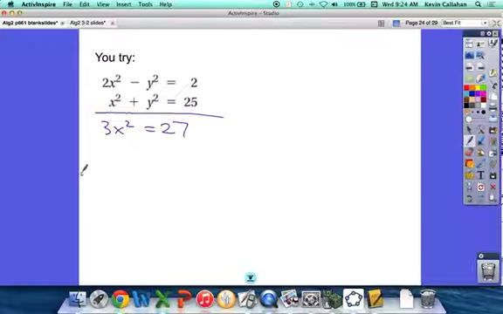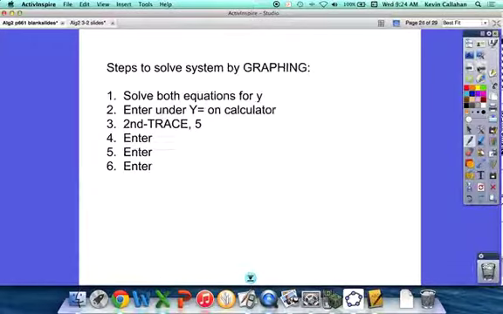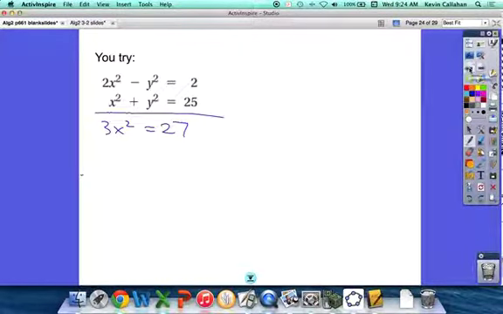Now, could you solve something like that by graphing? You could. You would have to solve both equations for y, not y squared, and then take the square root of both sides, so you'd have a plus and a minus for both. You'd have to use 4 lines in your calculator and be very clear about which shape you're trying to intersect on the graph.